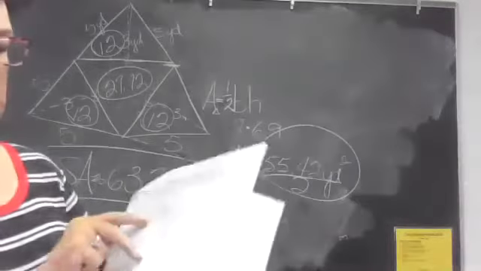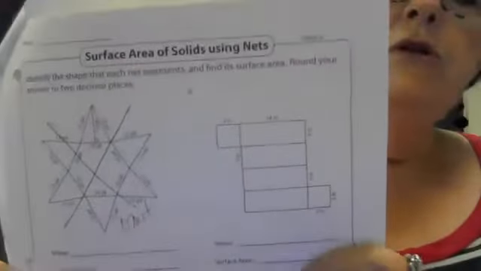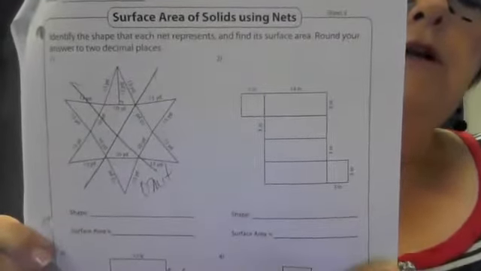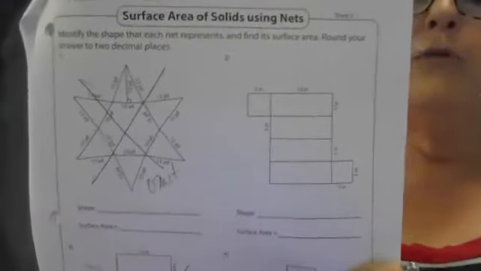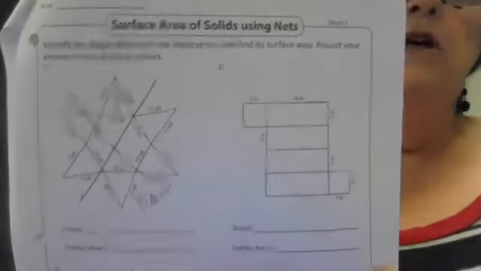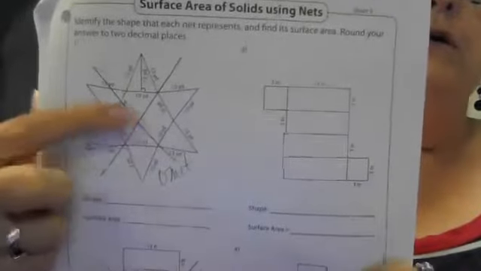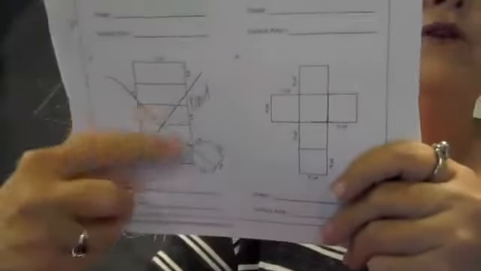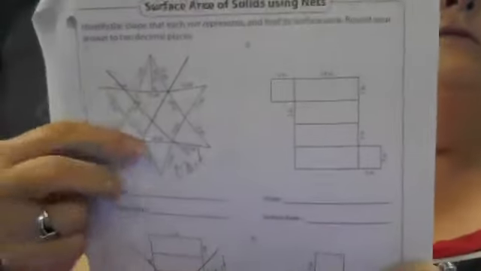Now on page 4, I don't think you have this on yours, but I want you to make a point. Look at page 4, whether you're numbered or not. It looks like this. And there's this star thing right here. And then this one down here. Both of them, this has a pentagon. This has a hexagon here. I haven't taught you how to find the area of those, and I don't think you're going to need it for the GED test.